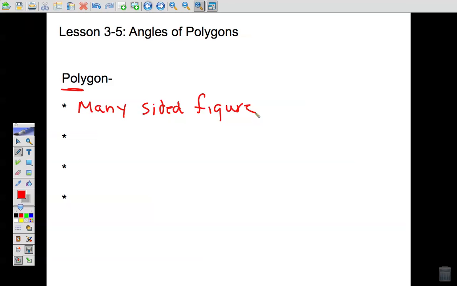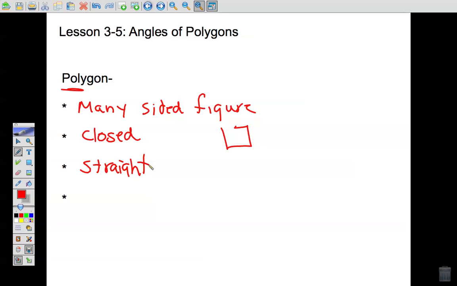Also, some other characteristics of a polygon is that the figure needs to be closed. So for example, I cannot have something that might look like this, because that's not closed. I kind of have a gap in that figure. Something else a polygon has to have is straight sides.